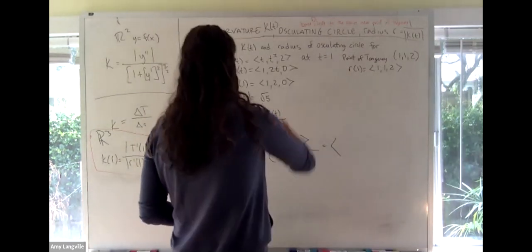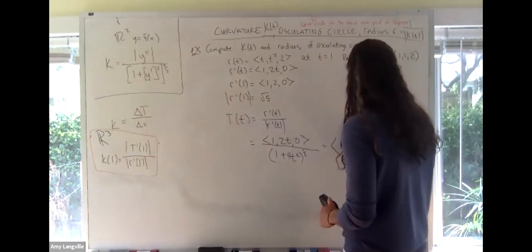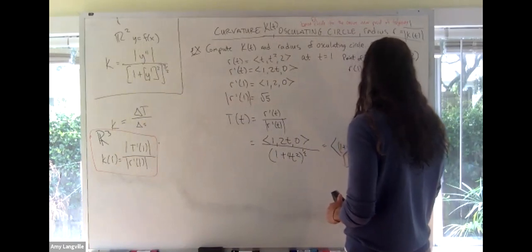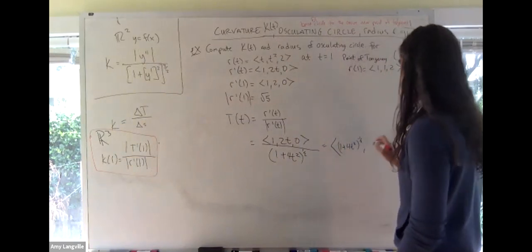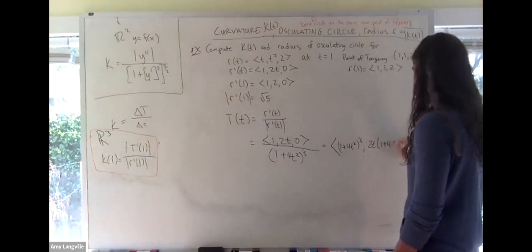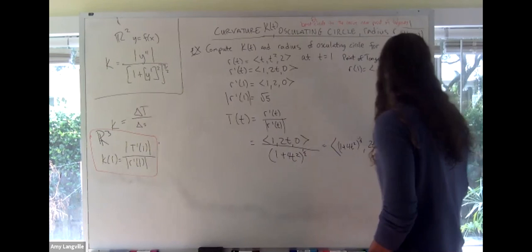It crosses the bar, it becomes to the minus 1/2 power. So this is going to be 1 plus 4t squared to the minus 1/2 in the first component. The second component will be 2t times that, 1 plus 4t squared to the minus 1/2. 0 in the last component still.